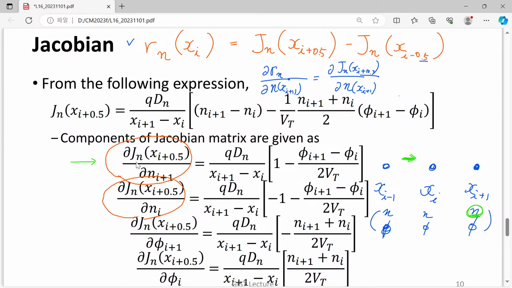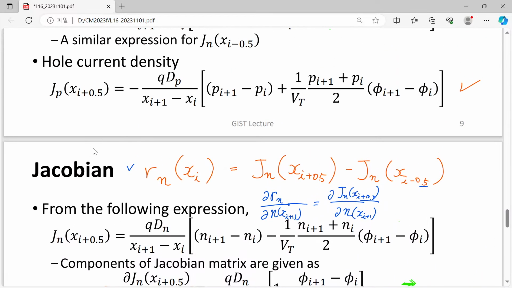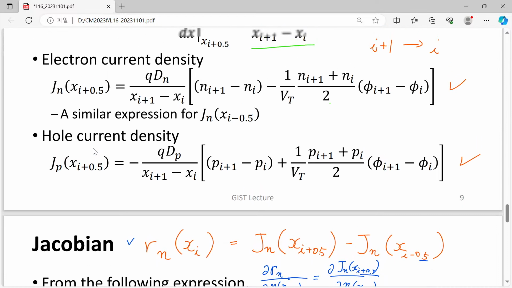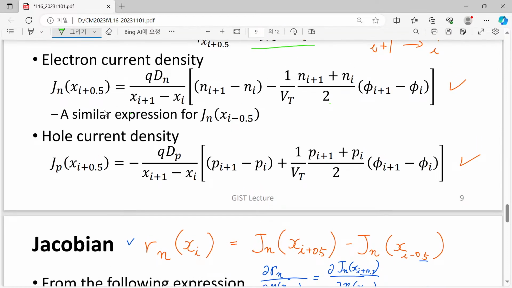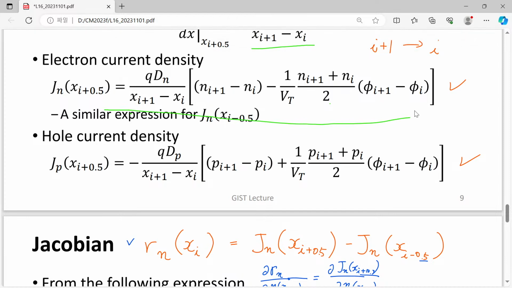Yes, here we have some terms like this. Partial derivative of our j sub n with respect to our n I plus 1. Then if we follow this previous simple form shown here, then we can take the partial derivative. Please try to make a partial derivative.